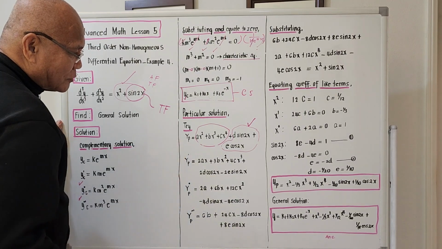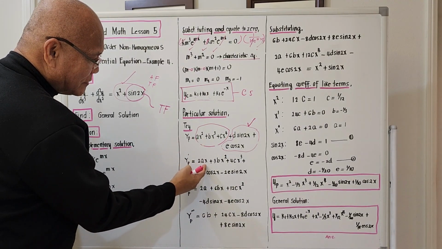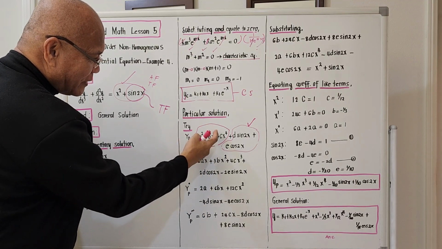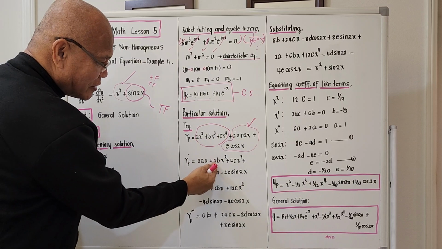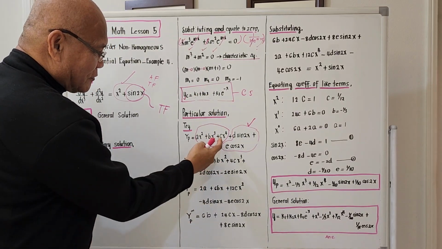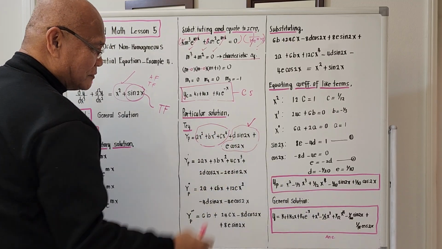Yp prime equals the derivative of this: 2ax, our formula. The derivative of this will be 3bx squared, still power formula. This one will be 4cx cubed.